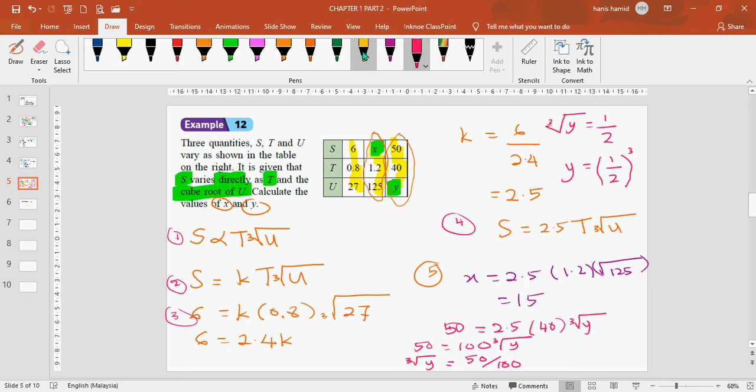Because we want to find Y. When we make it cube here, this and this we can cancel, but make sure you do cube at the right side too. So Y is equals to 1 over 8. So the answer is Y equals 1 over 8, X is equals to 15.